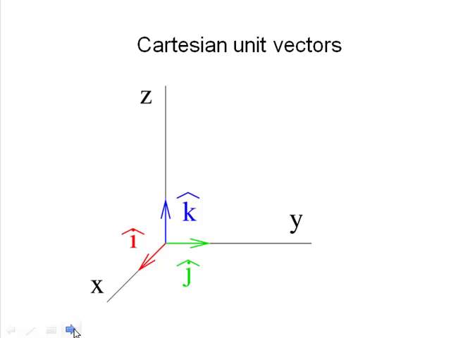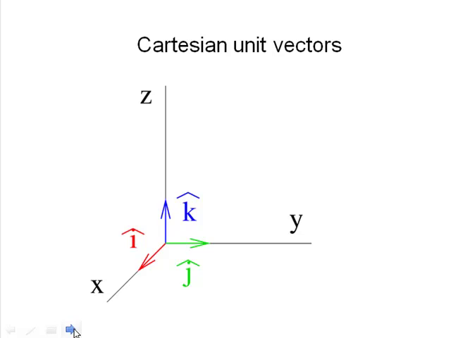There are a number of other ways of representing vectors, and I'll just talk about them very briefly here. Later, when we get to chapter 4, we will start talking about motion in 2 and 3 dimensions, and we'll need to work more with our vector notation. But we want to give you a sampling of it right now. The first thing we do is we talk about Cartesian unit vectors.